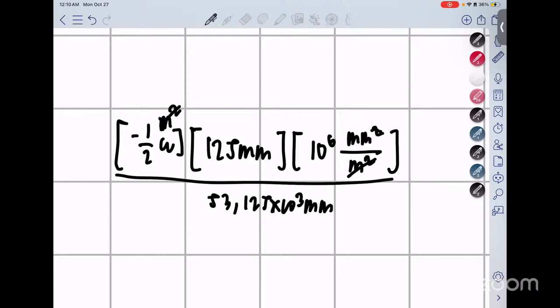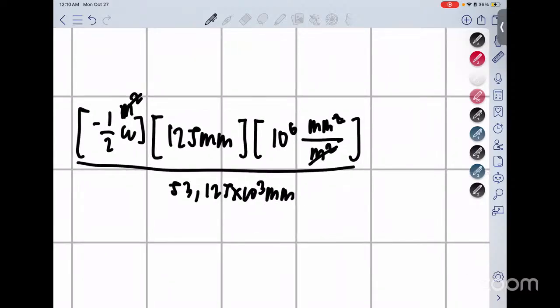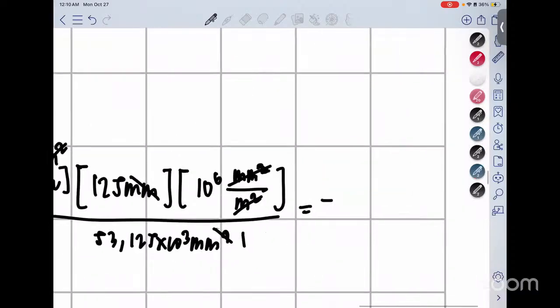And then same thing, magka-cancel siya dito, so this is mm squared. So mag-cancel siya ng raised to the fourth. Cancel 1 plus 2, 3. So matitirhan ka ng isa dito. This is equal to, since the top is in tension, 250.